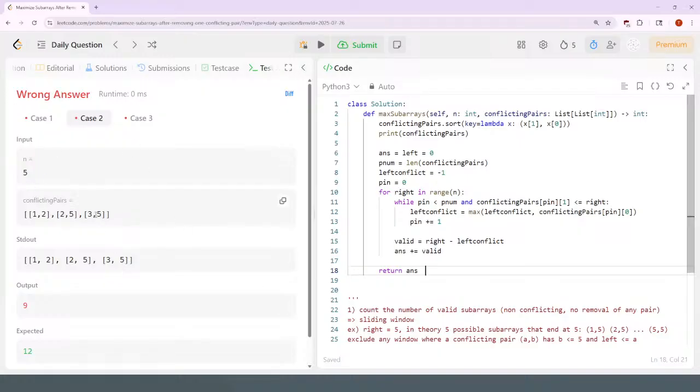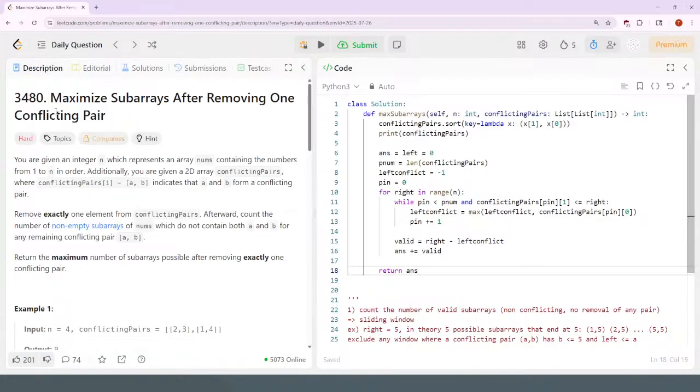Okay, and then the next bit is to identify how removing one conflict would possibly change it. So conflicts. So if I were to keep track of the pair that results in certain conflicts, okay.